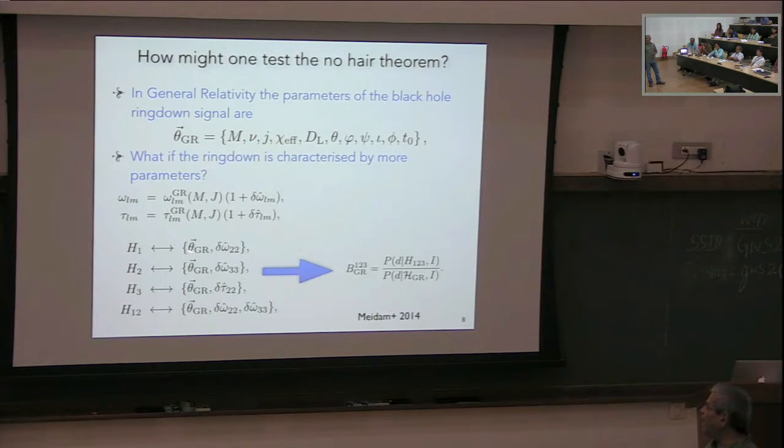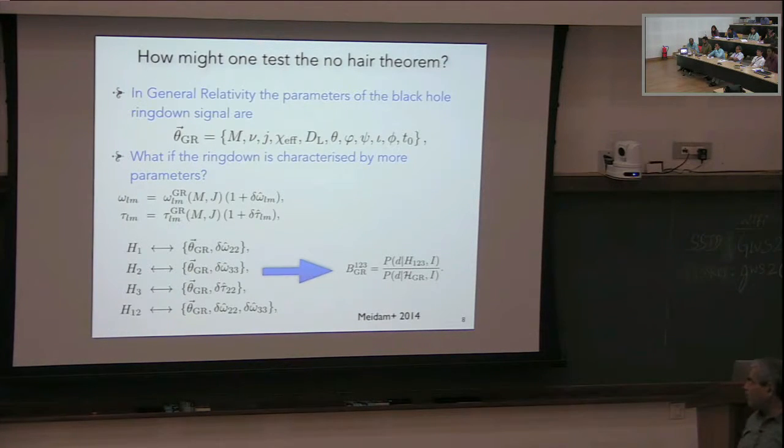Omega Lm are the mode frequencies and tau Lm are the time constants corresponding to L equal to 2 and higher. You start with omega 2 and you introduce a new additional parameter which measures deviation from general relativity by a certain amount, normalized by that amount. Similarly for the time constants.